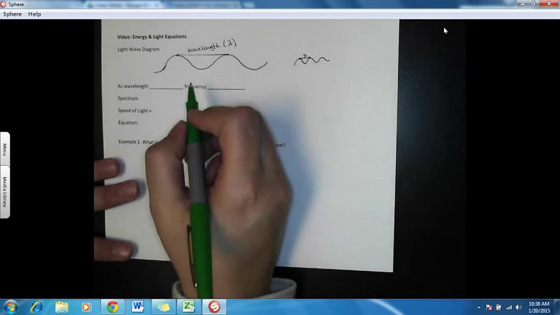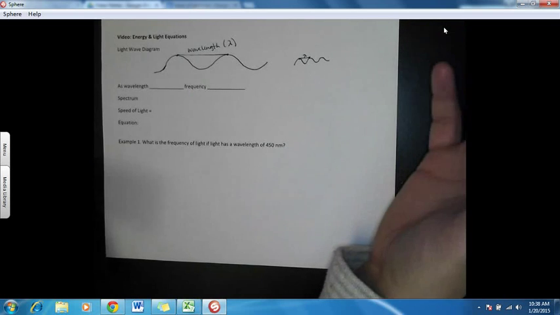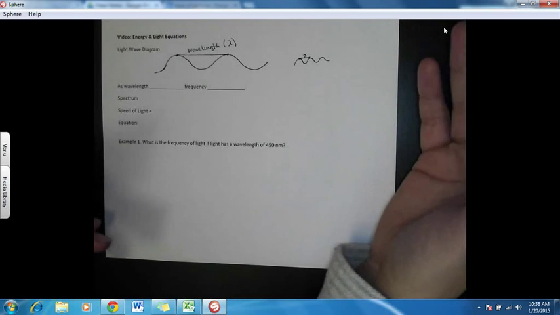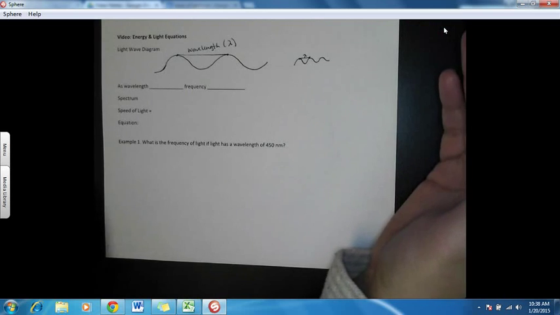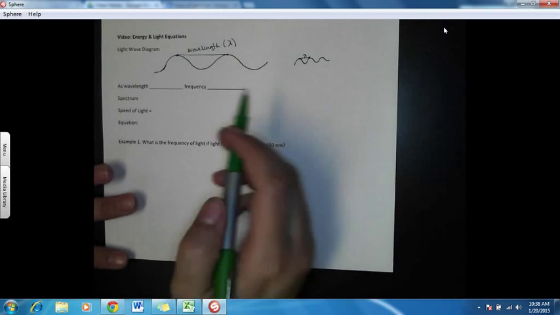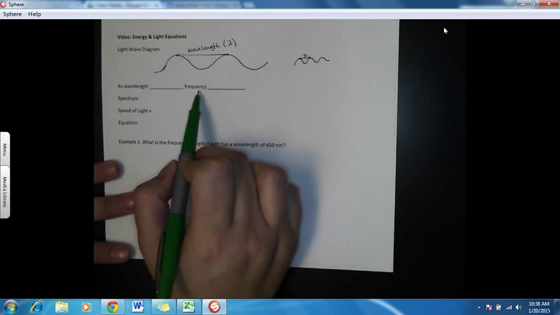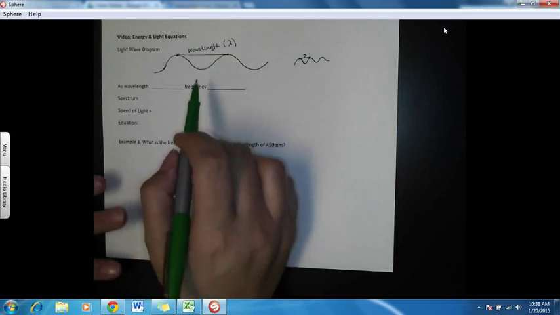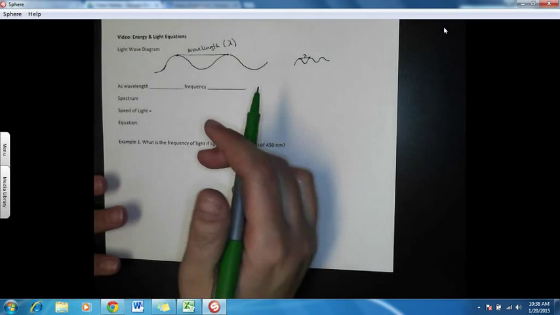So then frequency is another term that we have, and frequency is how fast the wave moves, the rate at which the wave moves. It's the number of waves that pass through a point per second. If the wavelength is long, the frequency would be very low, or very slow, right?